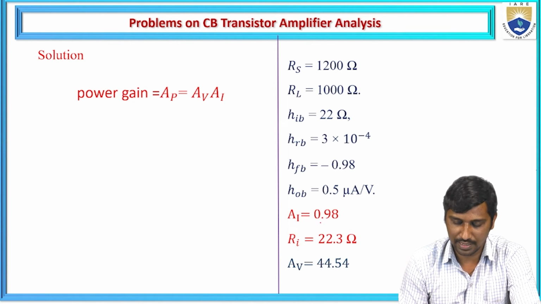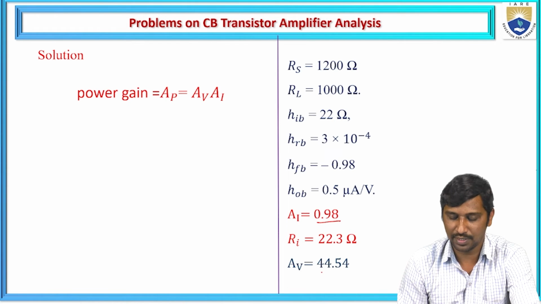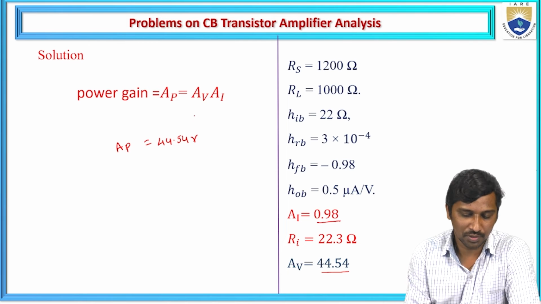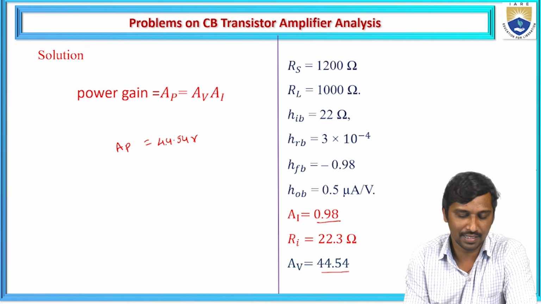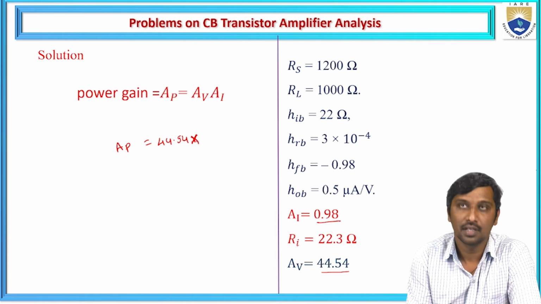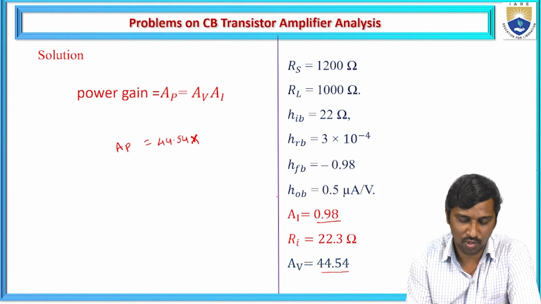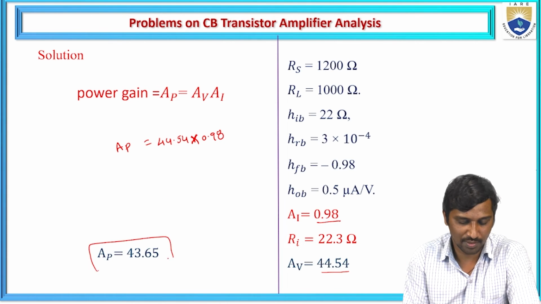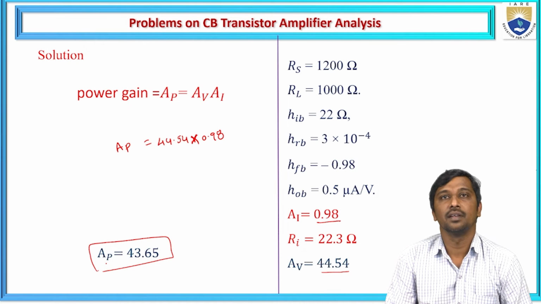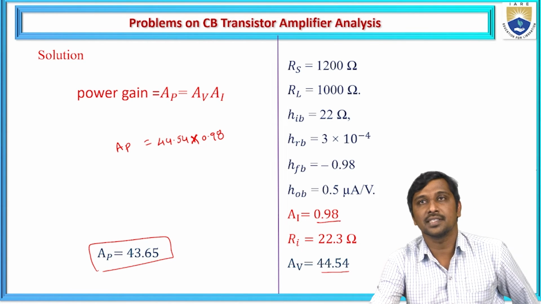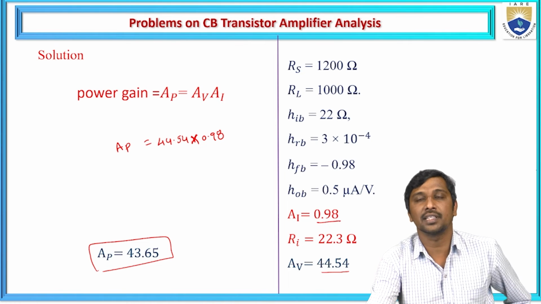We got the current gain as 0.98 and the voltage gain as 44.54. So we substitute the voltage gain 44.54 into the current gain value 0.98. Now we can solve this, it gives that the power gain is 43.65.